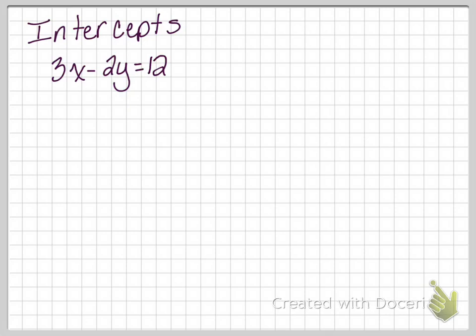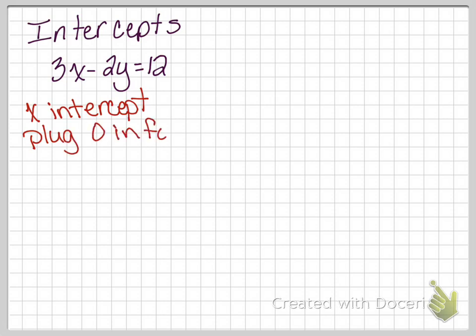And when I'm looking for my y-intercept, my x value is what? 0. Okay, so to find my x-intercept, I am going to plug 0 in for y.